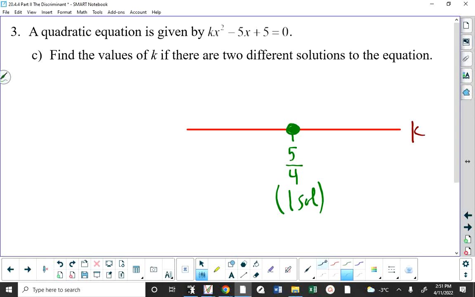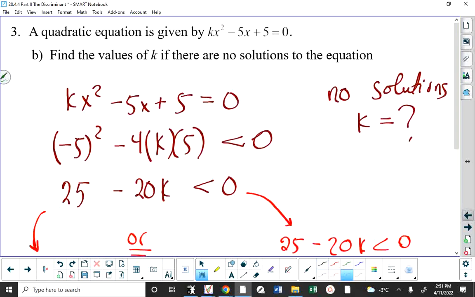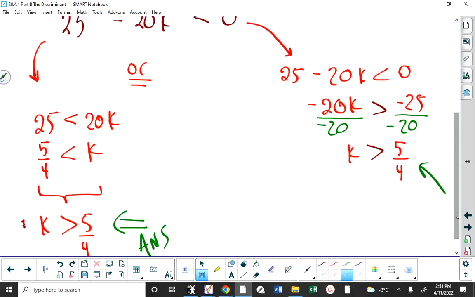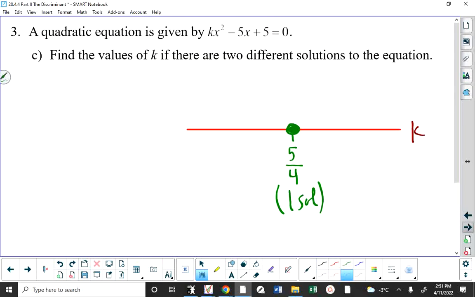That if K was 5/4, we had one solution. We have just discovered, I'll go back and look, that if K is greater than 5/4, there are 0 solutions. Would you agree?